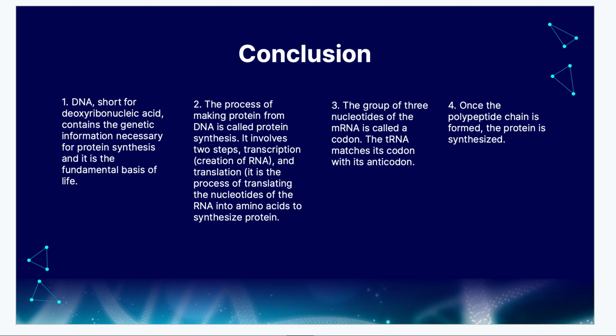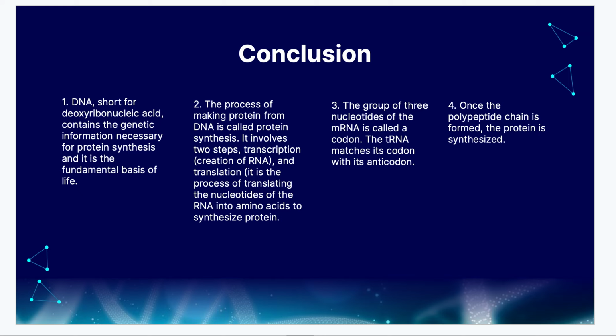So in conclusion, to summarize everything mentioned in this topic: 1. The DNA, short for deoxyribonucleic acid, contains the genetic information necessary for protein synthesis and is the fundamental basis of life. 2. The process of making protein from DNA is called protein synthesis.